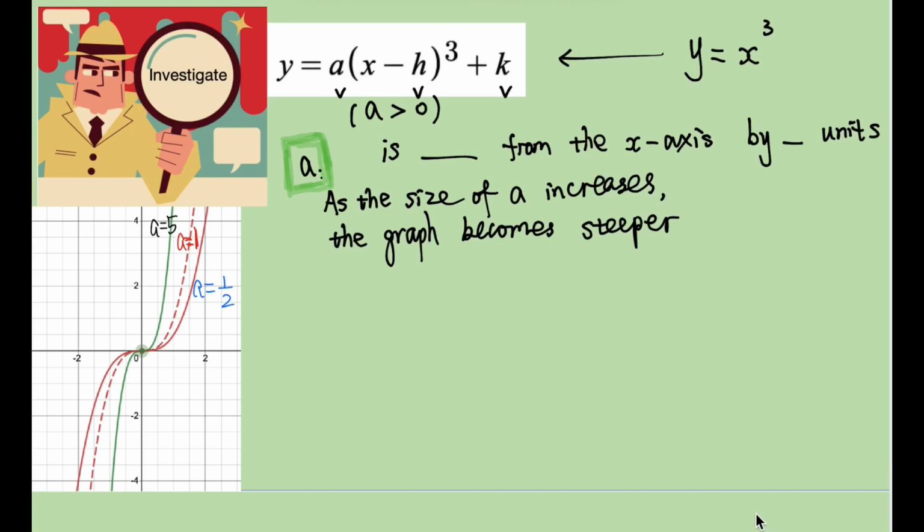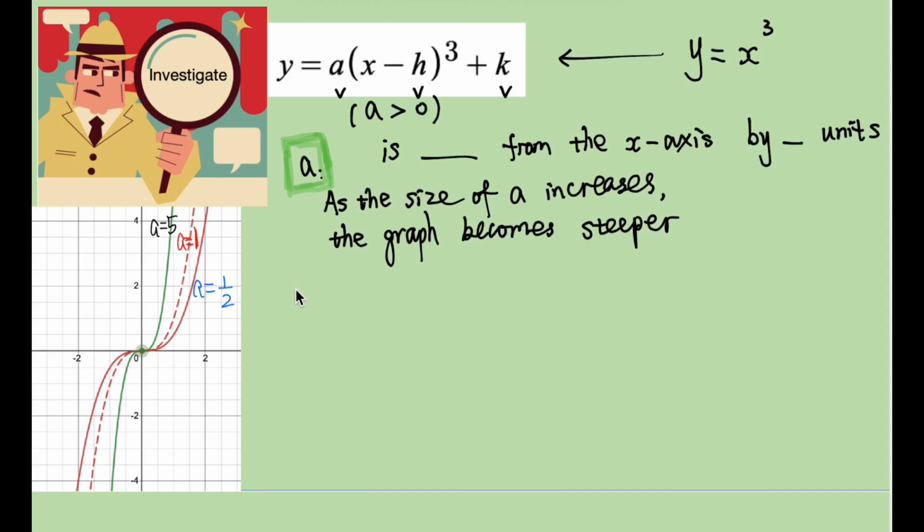Therefore, when a changes, the graph is dilated from the x-axis by a units. And also, the size of a increases. For example, we have a equals half, a equals 1, a equals 5.